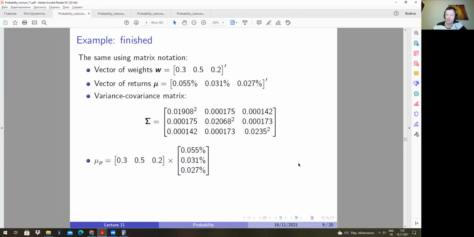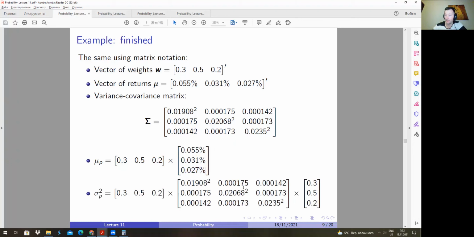When I want to calculate the variance of a portfolio, it looks like the following product of matrices. It's a row vector of weights multiplied by the variance covariance matrix multiplied by the column vector of weights. Look, 0.3 multiplied by this, 0.5 multiplied by this, 0.2 multiplied by this. After the multiplication, I sum over them.